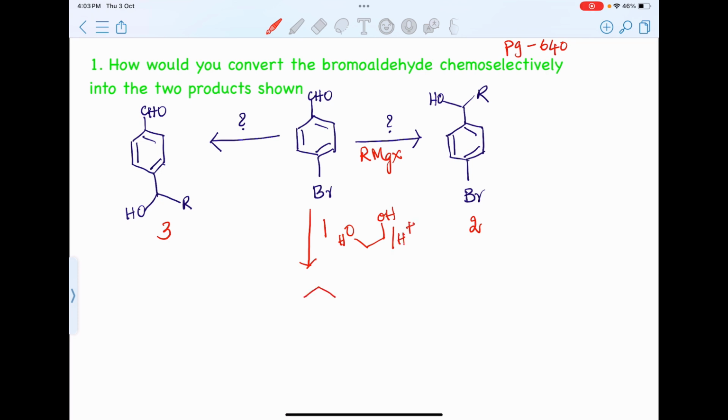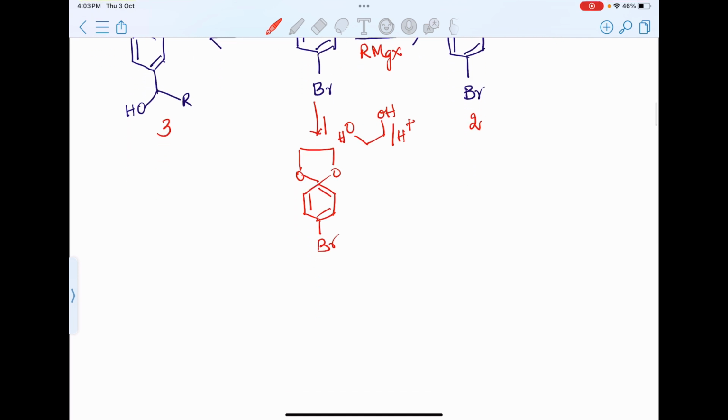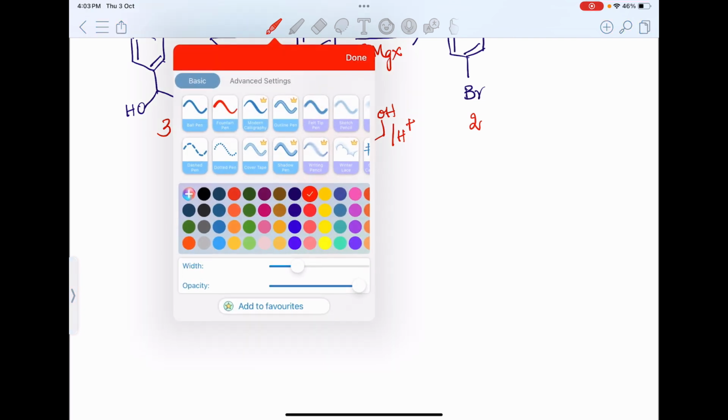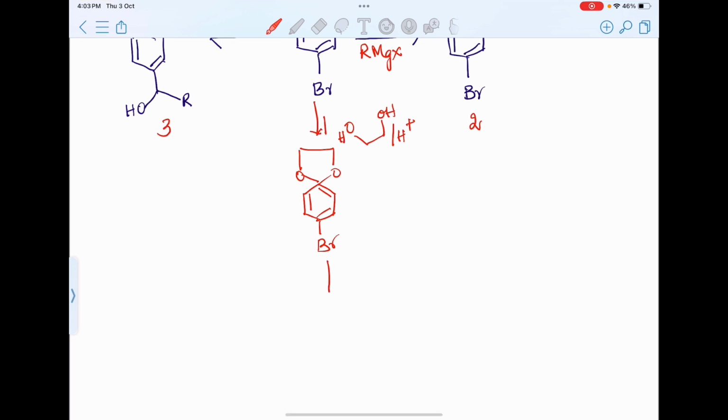So we get the corresponding compound where the aldehyde is protected, and this bromo compound is converted into the Grignard's reagent by reacting it with the metal magnesium.